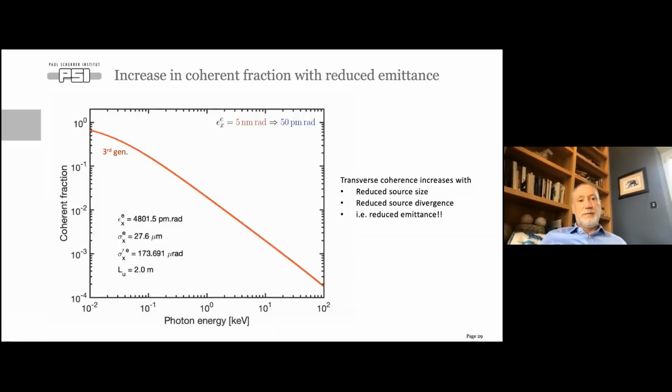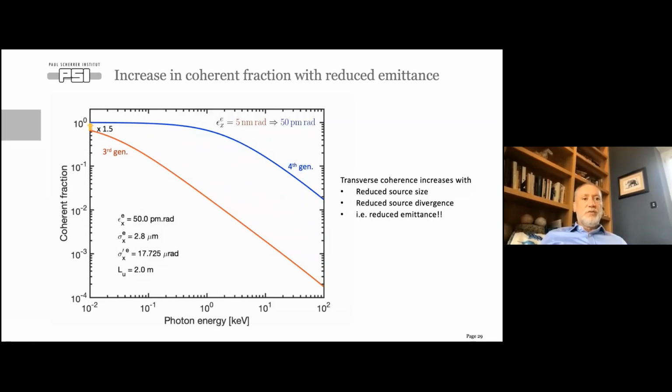If we now run this animation, leaving the third generation behind, we see that as our emittance goes down into the hundreds of picometer regime, we get a huge increase in the coherent fraction.